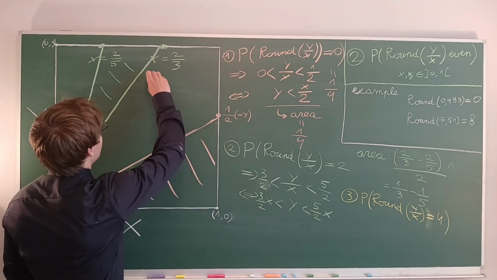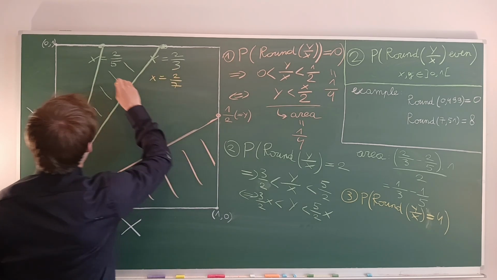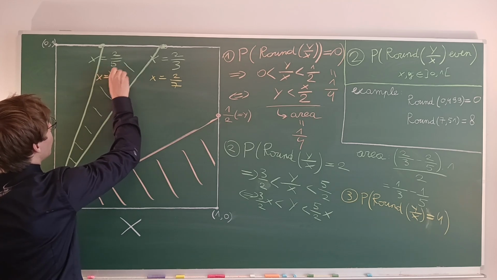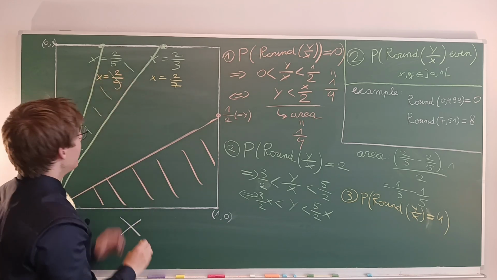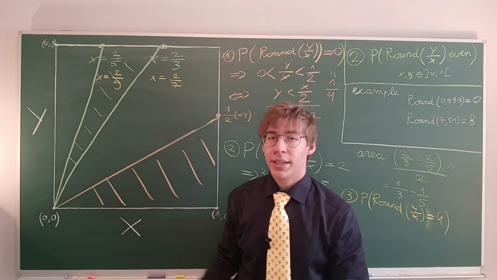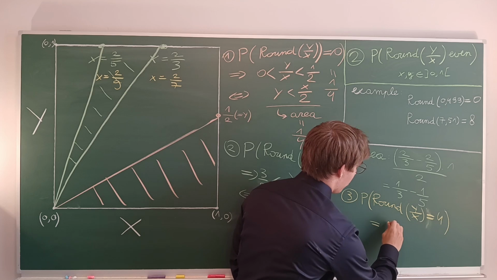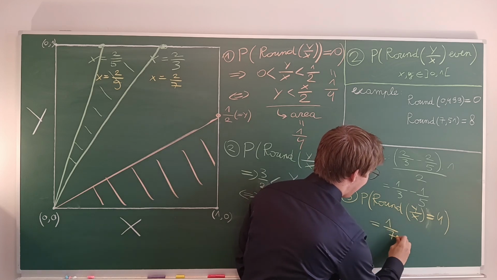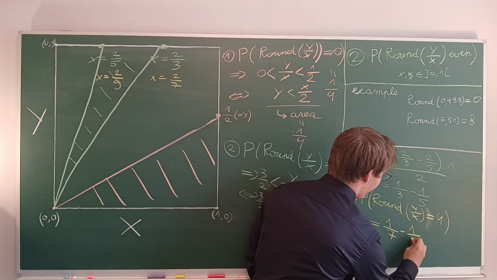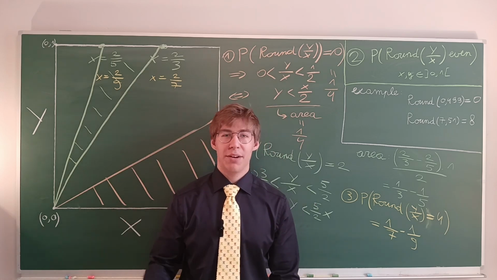So this will mean that here x will be 2 over 7, and here x will be 2 over 9. Now if we calculate the same area of that new triangle, a yellow triangle, then it will be 1 over 7 minus 1 over 9. So let's now clear the board and write that pattern down.